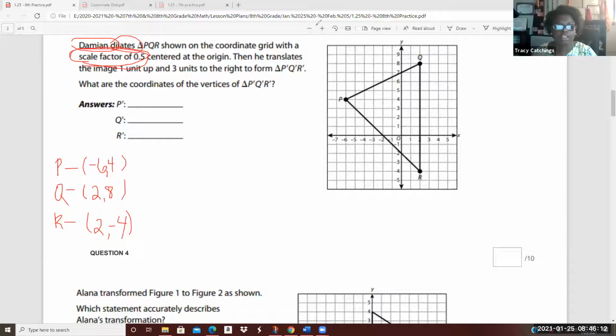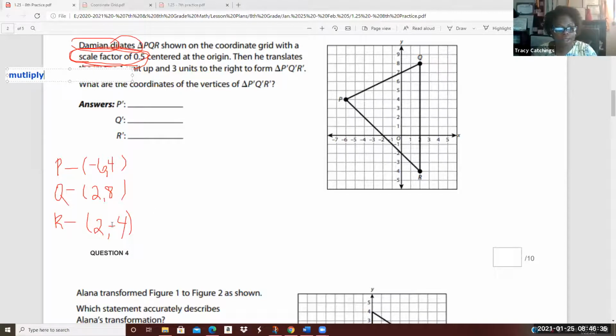Now earlier, what did we say? What operation did we do when there's a scale factor? Good job. Thank you, Jacob. We multiply. Anytime I see scale factor, I multiply.